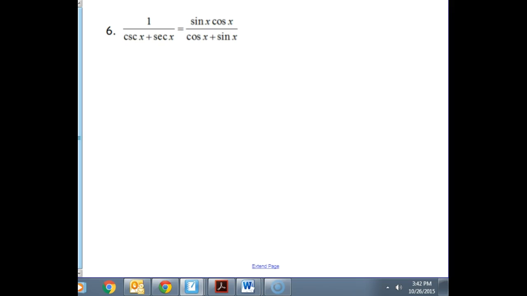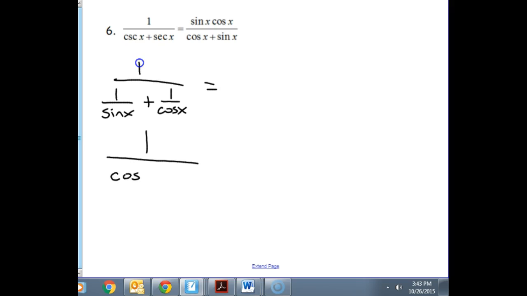I can change both of those to sine and cosine. My other side has sine and cosine in terms, so I want to do that anyway. So 1 over 1 over sine x plus 1 over cosine x. Those are two fractions on the bottom, so I can put them together using common denominators. That gives me 1 over cosine x plus sine x all over sine x cosine x.